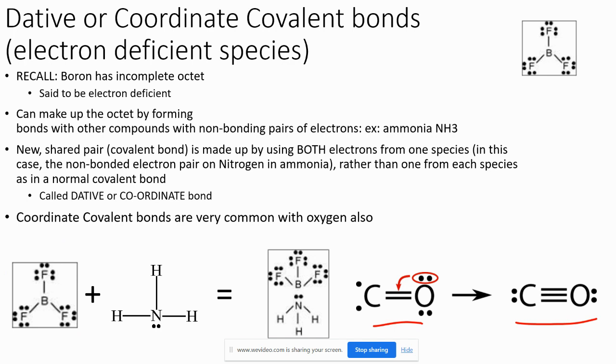It's just oxygen contributing both electrons to that bond, as opposed to carbon, because carbon only had 4 electrons. Those are called CC bonds, coordinate covalent bonds. You don't really need to know the lingo for it. You just need to know that it's okay for oxygen to do that.